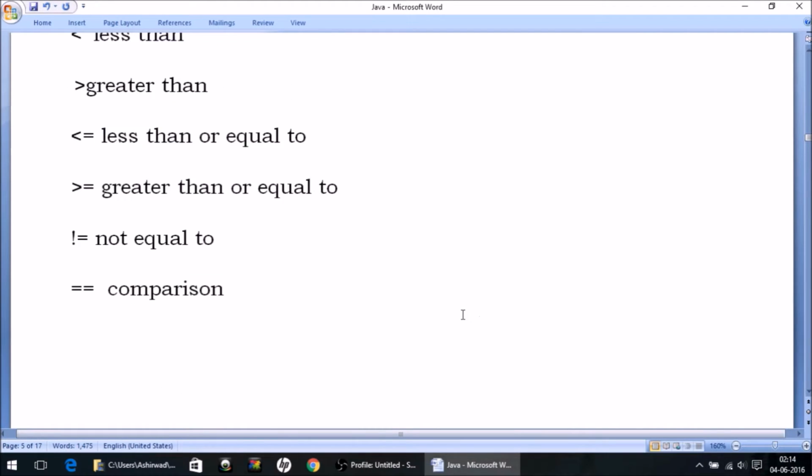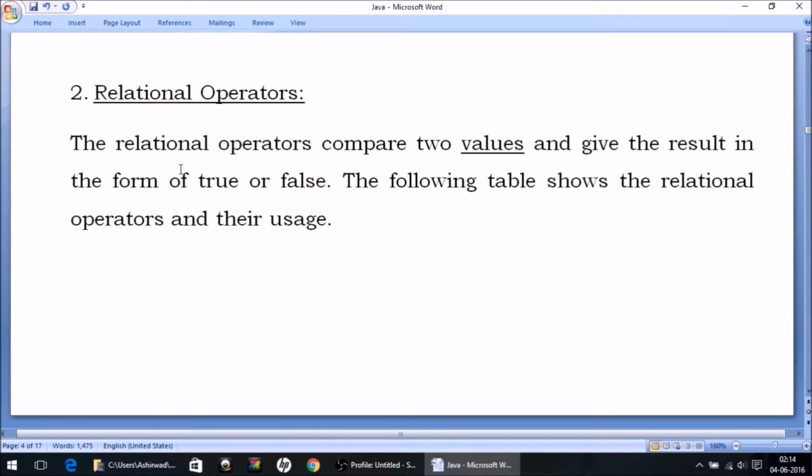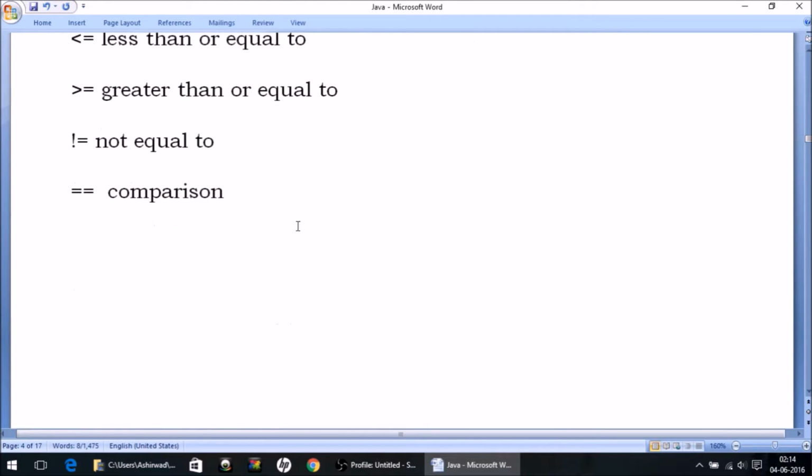Okay, now the idea of relational operators is that the result is always in the form of true or false. That's it for relational operators. So how do we use them? If we write 6 greater than 7, the result is going to be false. If we write 8 greater than or equal to 8, the answer is true, because 8 is not greater than 8 but it is equal to 8, so it will give us a true result.